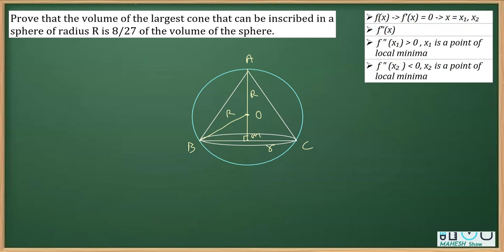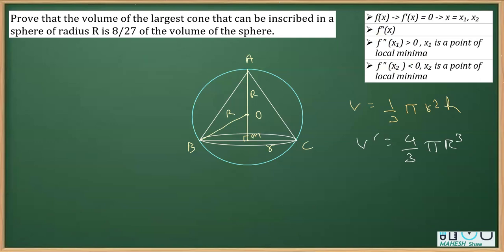Now we have drawn the figure, and what we have to prove here is, in the question, that the volume of the cone is what? Volume of the cone is 1/3 pi r square h with its usual symbols. And the volume, say V dash, I take as the volume of the sphere, which is 4/3 pi, and as for the figure, the radius is capital R, so this is capital R cube.